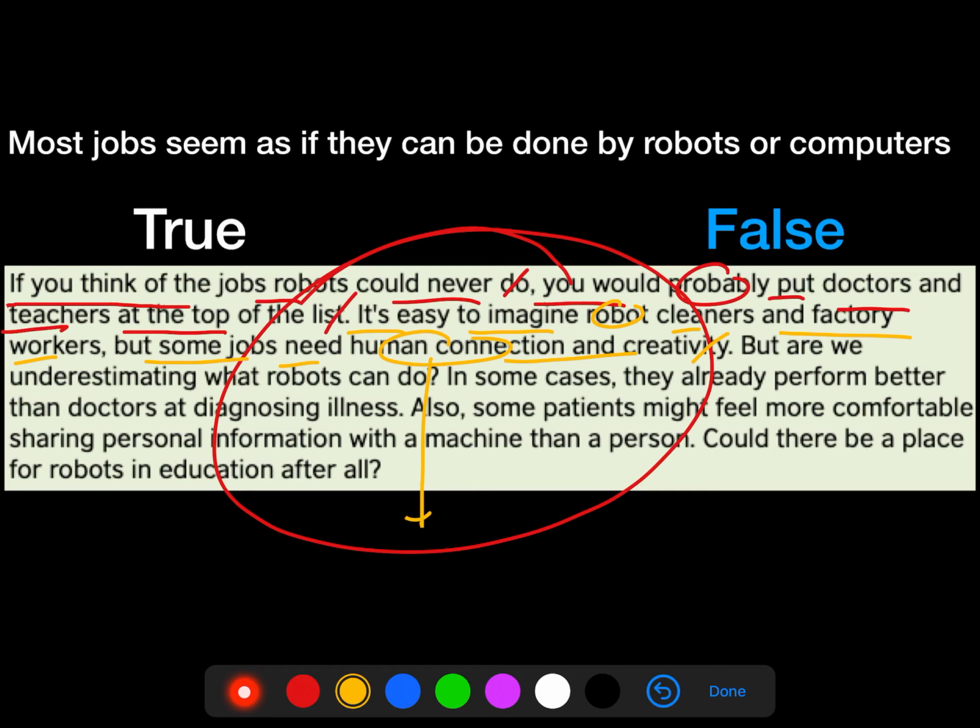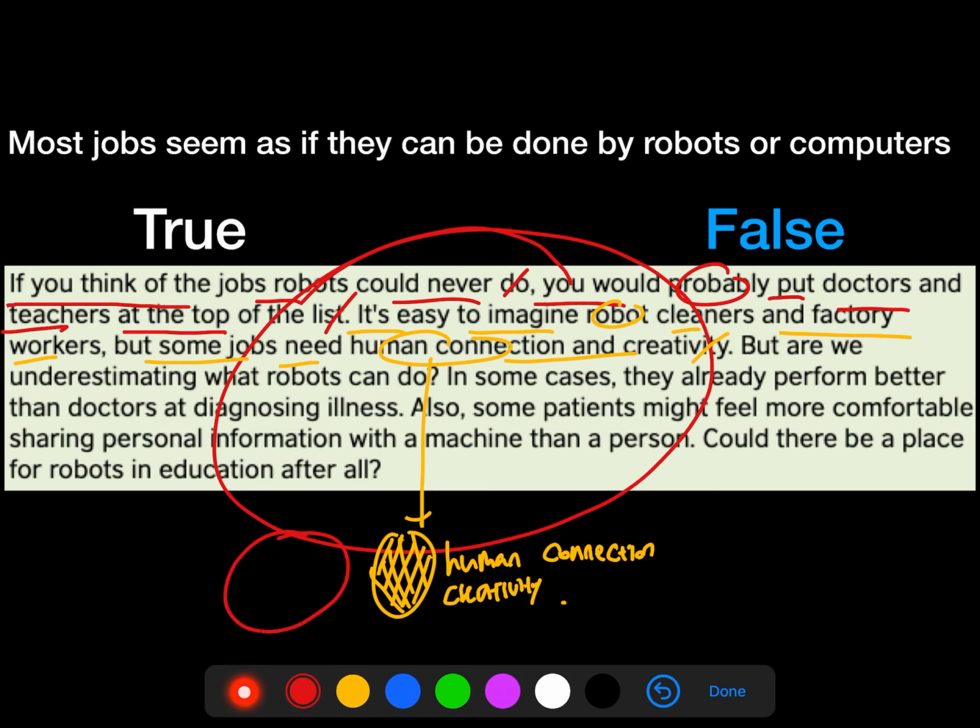So this paragraph says some jobs need human connection and creativity. As opposed to that, some jobs can be done by robots or computers, like robot cleaners or factory workers. But some jobs need a human connection and creativity.